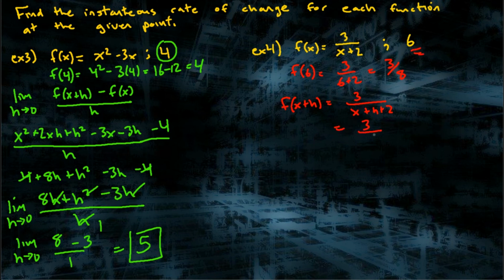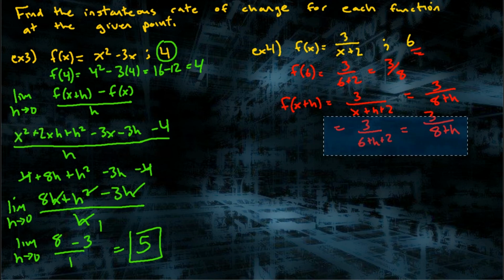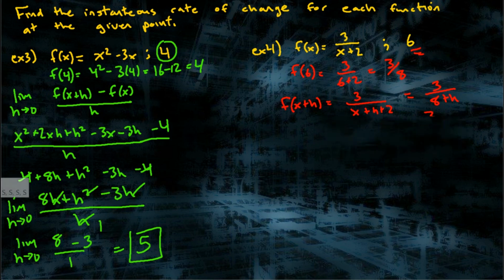So that's 3 over 6 plus h plus 2, which is 3 over 8 plus h. And I'm going to go ahead and get rid of this piece right here just so I have some room. And I'll even erase this.